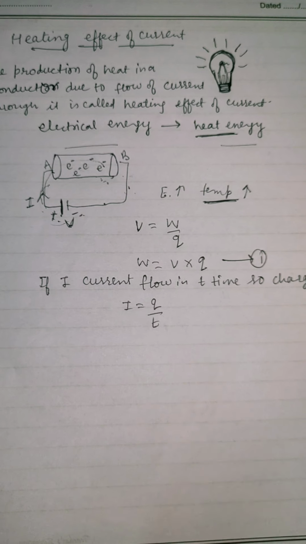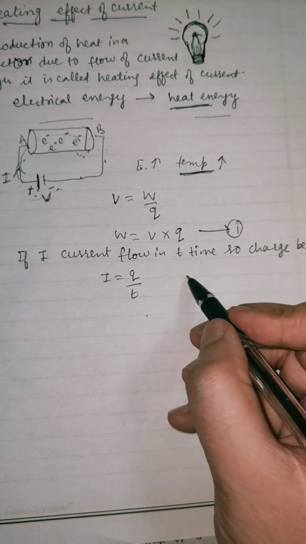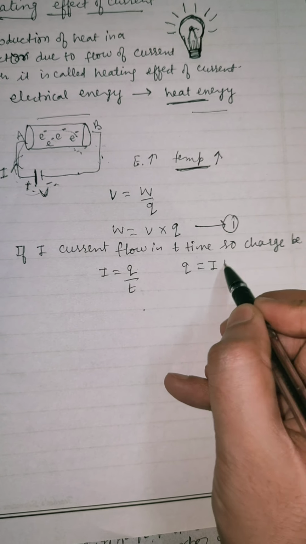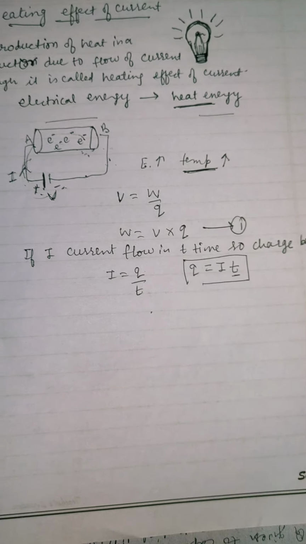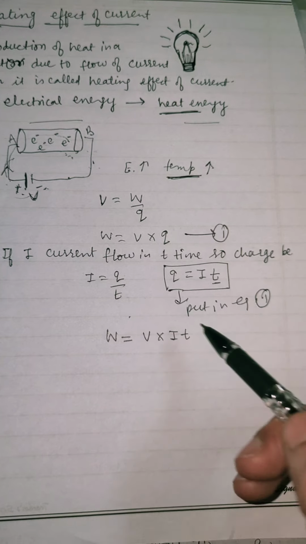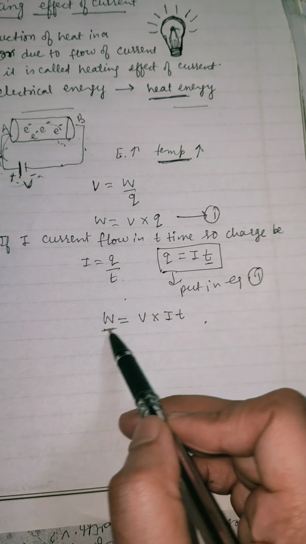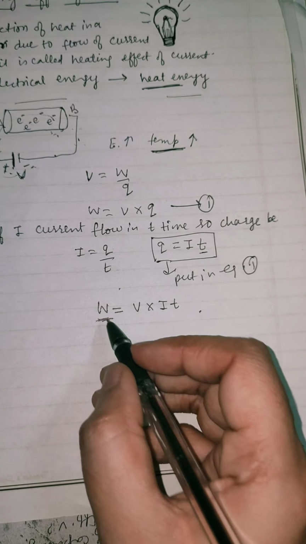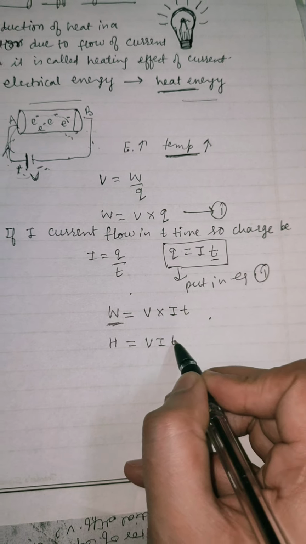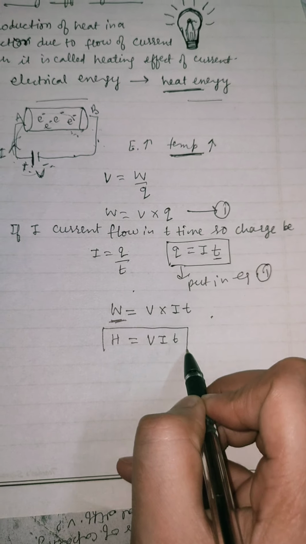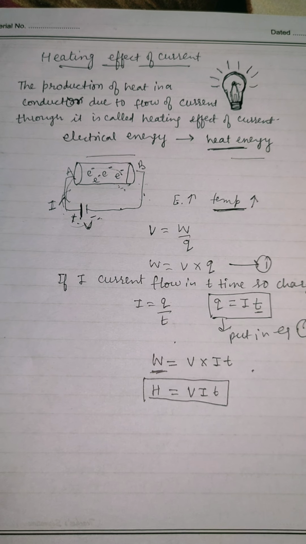As we know, current is charge per unit time, so the charge is current into time. We put the value of charge in equation first, and we get V into I into T. Here work done is equal to heat, so we can write H equals VIT. This is the formula for heat produced in a conductor.